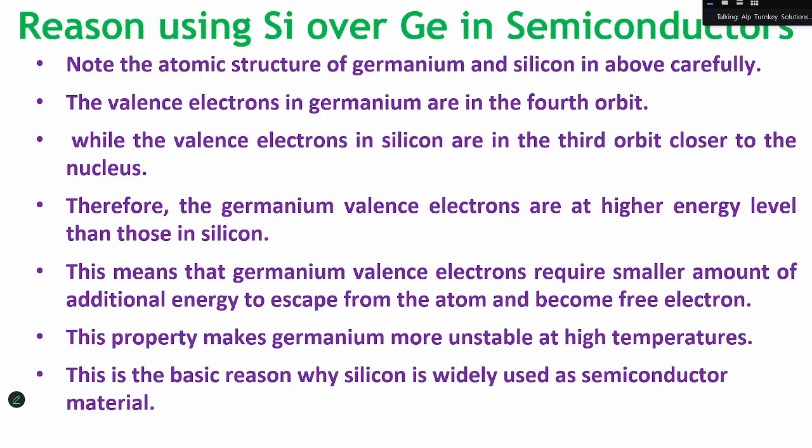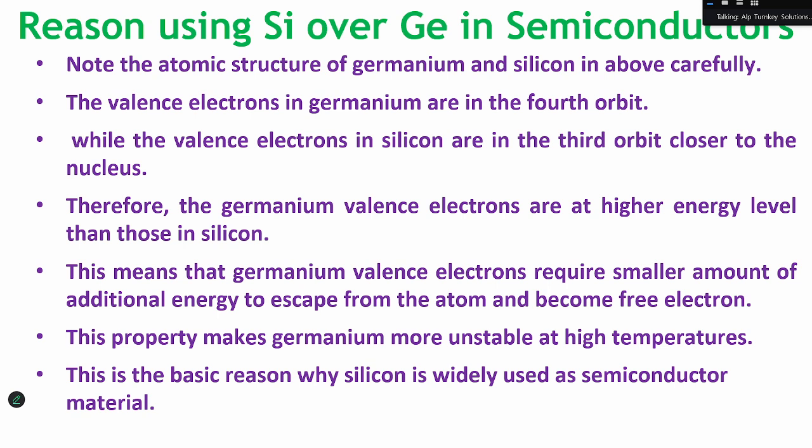Silicon is a stable material and can withstand up to 150 degrees Celsius, and in cold conditions also. So we use it in our VLSI ICs in different climatic conditions, and it is abundantly available in the earth's crust.